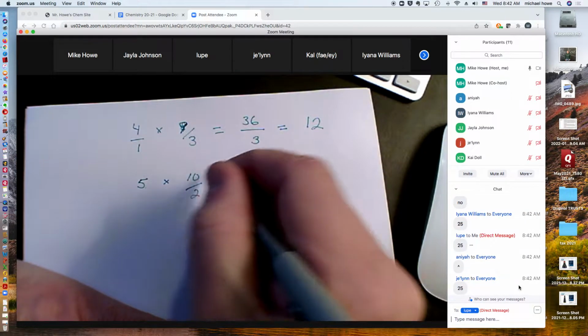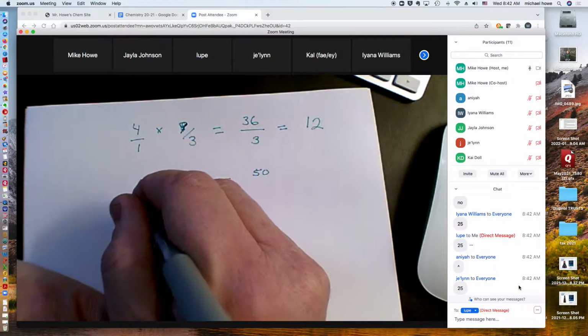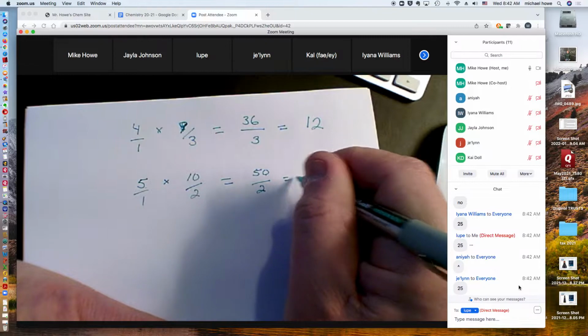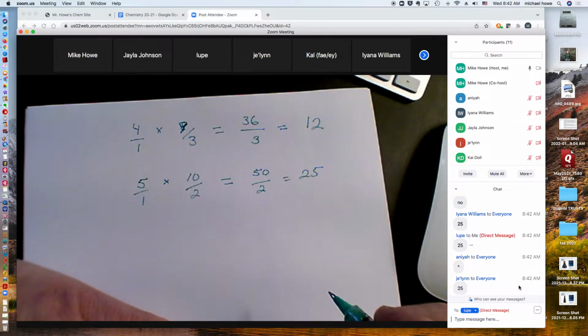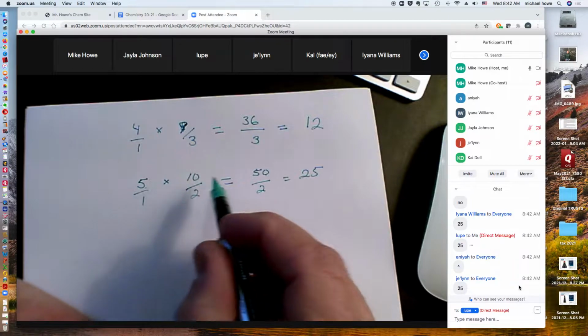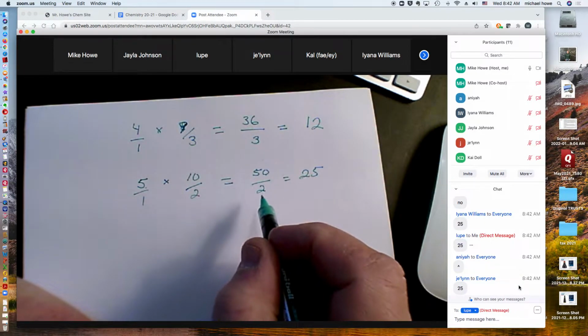So 5 times 10 is 50. And that's over 1. 1 times 2 is 2. So 50 divided by 2 is 25. All right, cool. So I'm going to hope that we understand that when you're multiplying fractions, you multiply across the top, you multiply across the bottom, and you divide the top by the bottom.